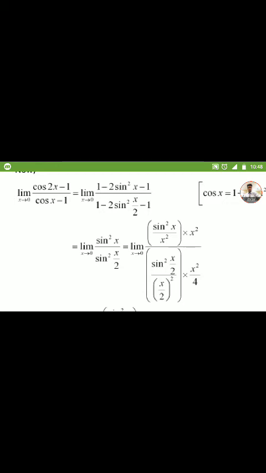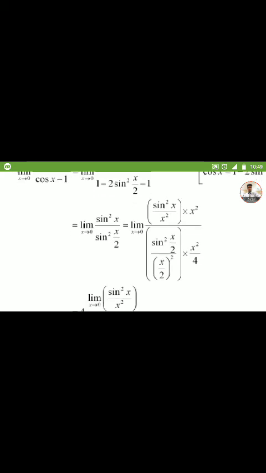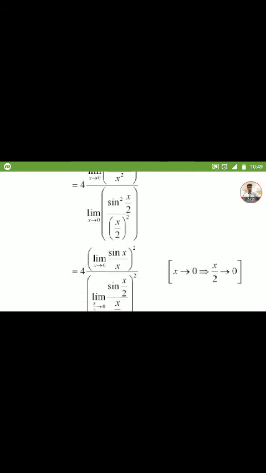So it's x now, so multiply and divide by x square, and in the denominator multiply and divide by x square by 4, and x square by 4 in the denominator as well. So when you solve it, x square goes off, you are left with only 4. Okay, see, limit x tends to 0, but you make sure you have to separate these things very clearly. And after this numerical is done, your answer is coming 4.